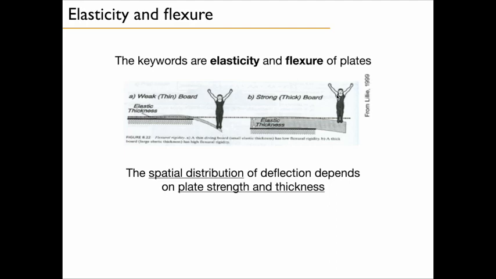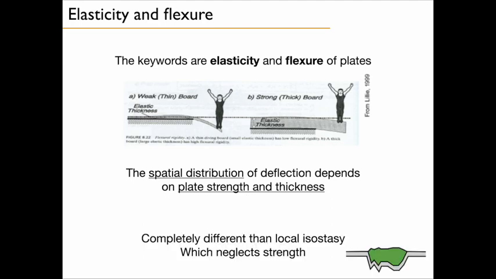If the same person is jumping on a strong board, or here a thicker board, then the deflection will be minimized. So the spatial distribution and amplitude of deflection also depend on the plate strength and the plate thickness. That is in contrast with what we learned in the previous lecture on local isostasy, because there we were neglecting any strength effect.